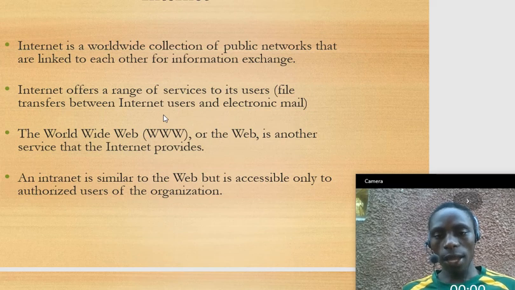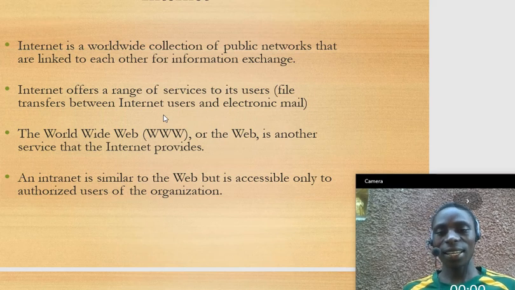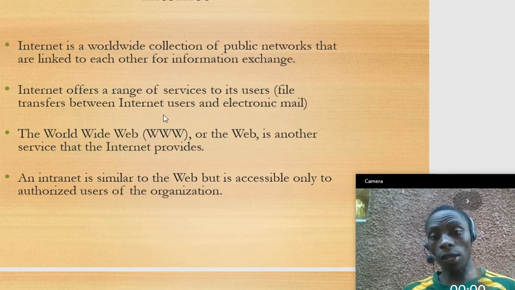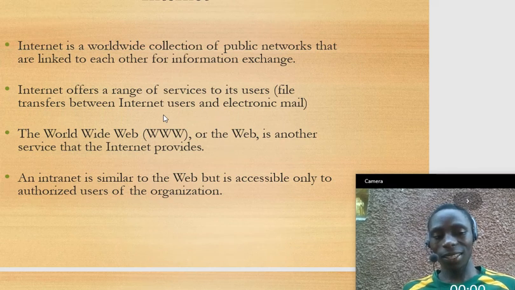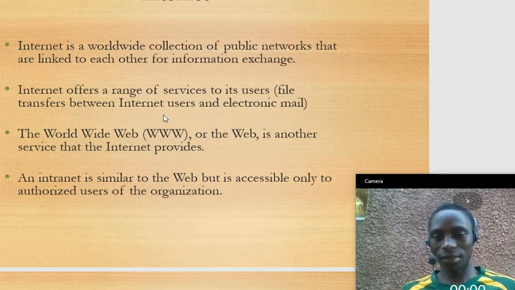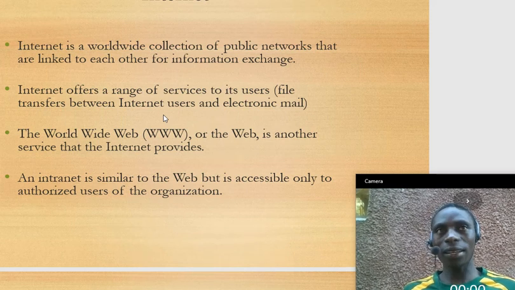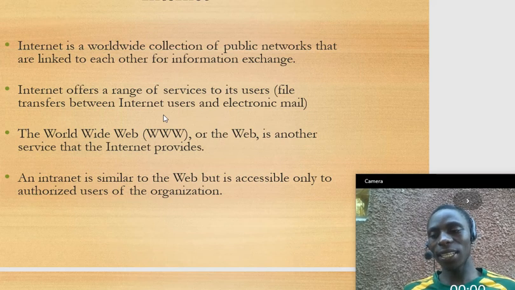So the World Wide Web, the www, or the web, is another service that the internet provides. It provides that World Wide Web. Okay, the internet provides that service, that one can view the web pages, can visit any website or any web page worldwide.